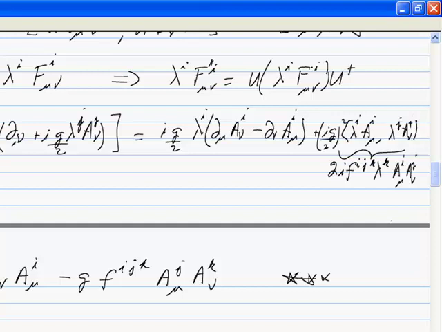So that's going to be our F. I'll make the invariant in just a second, but that's the F.